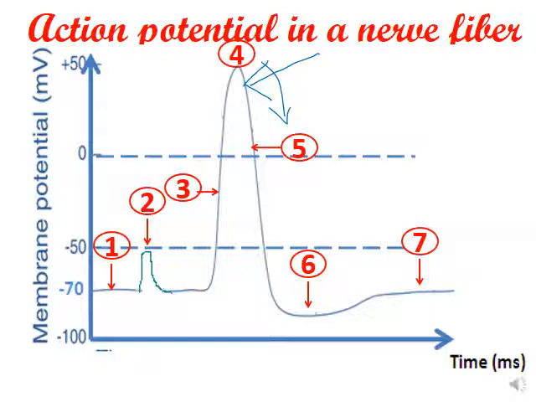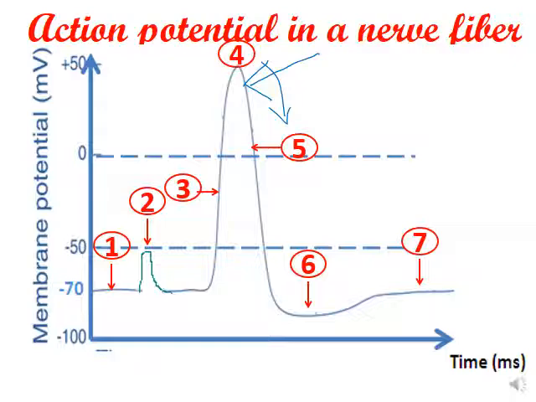So as a revision, this represents the phases of an action potential, where phase number 1 represents the resting potential, minus 70 millivolt, where no stimulus is applied. Phase 2 represents the hypopolarization, a decrease in the negativity, as well it's called artifact.